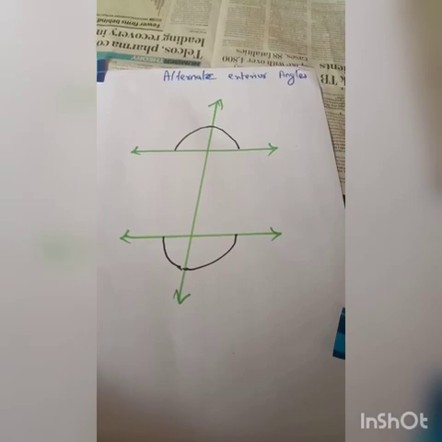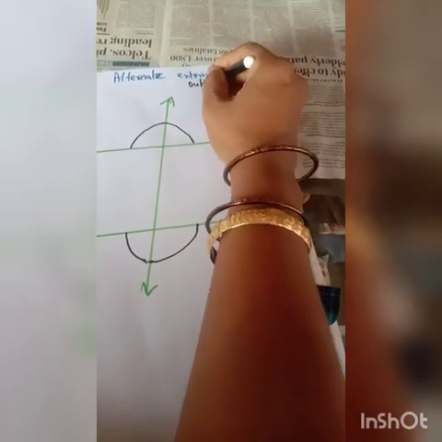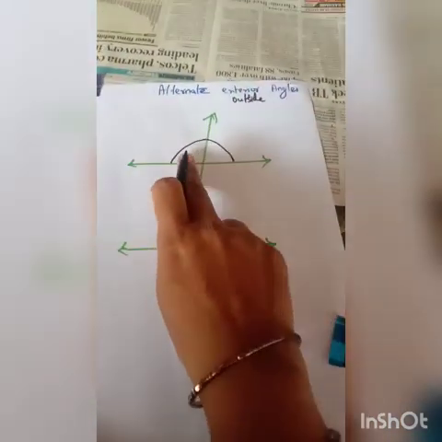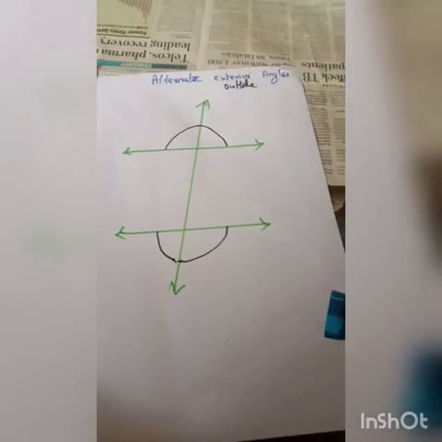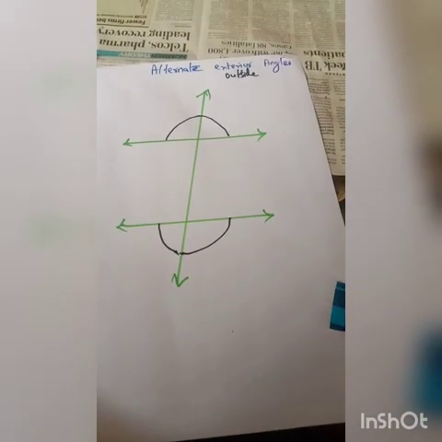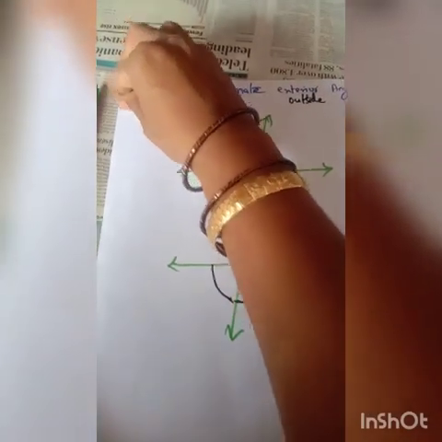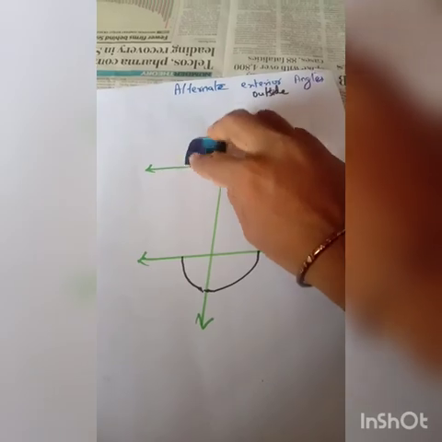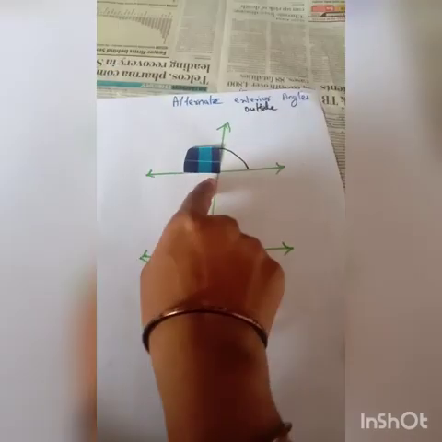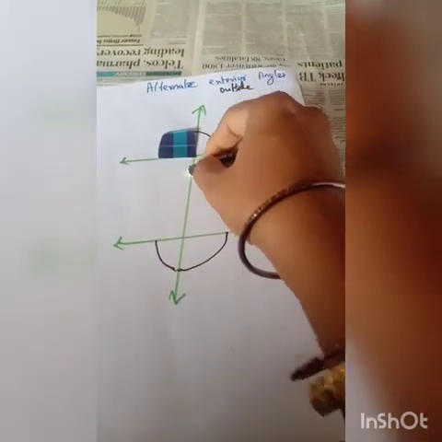Alternate, you know already, means opposite. Exterior means outside. If you see these four angles, 1, 2, 3, 4, these four angles are outside the parallel lines. If I put the alternate angle over here, the same opposite, where should it be?